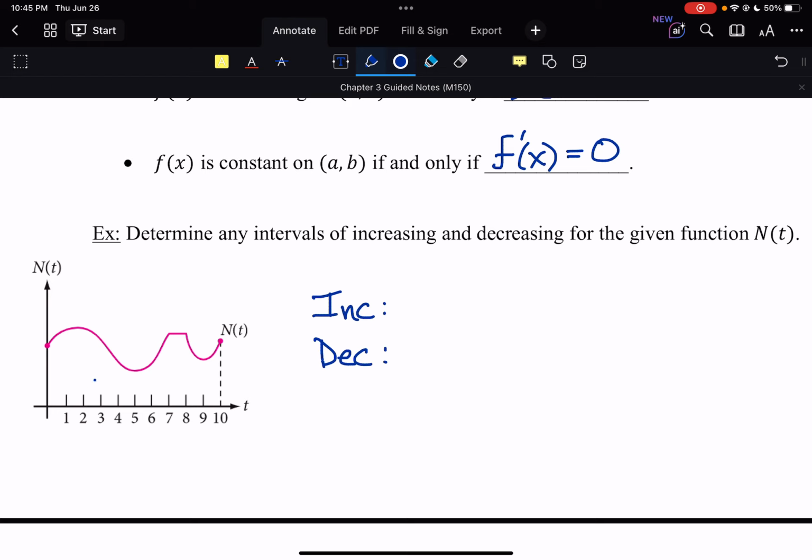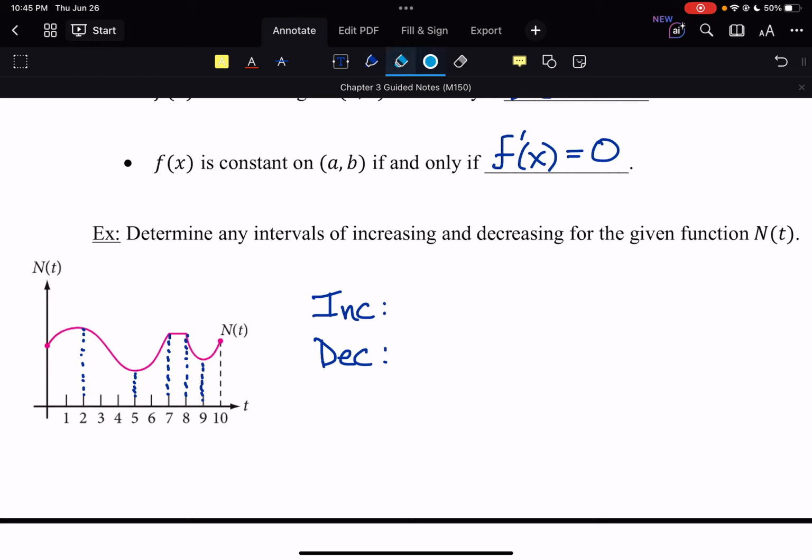You're just looking for where the graph is going up and going down. So it starts off going up, and I'm going to approximate that changes at about 2. And then it's going down until around 5, going up until about 7. It flattens off until 8, then it goes down until 9, and then back up again to 10.